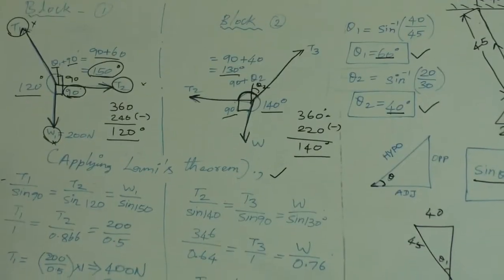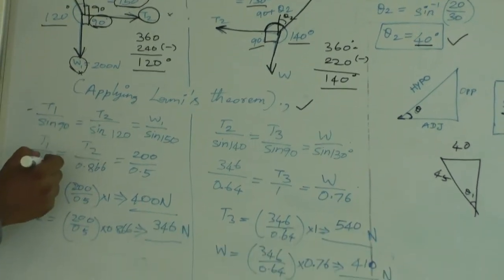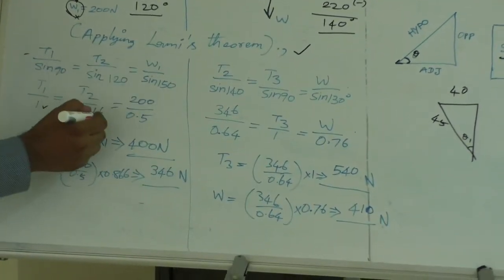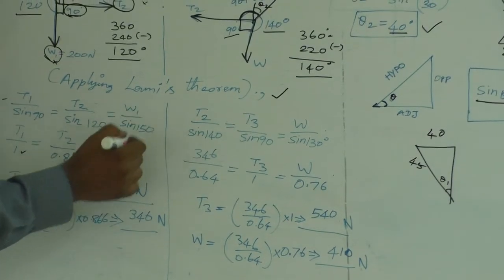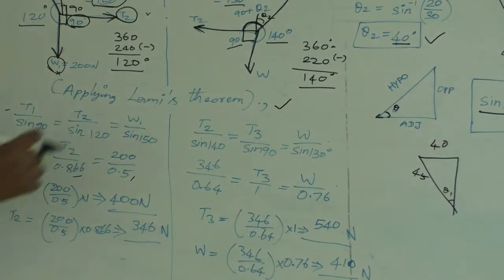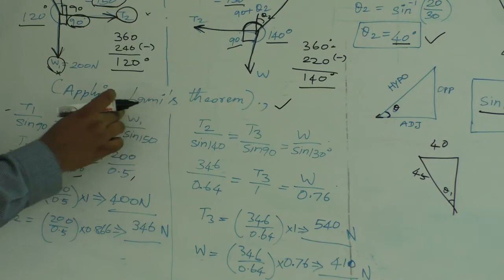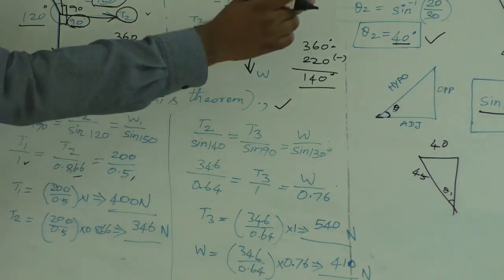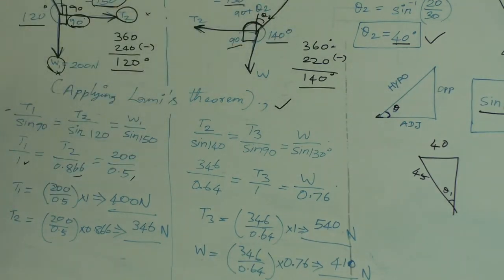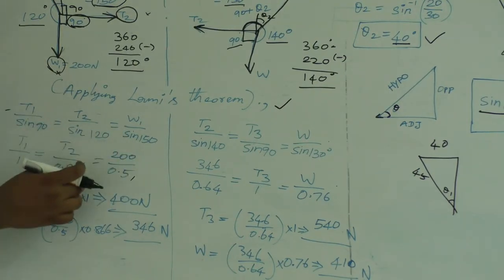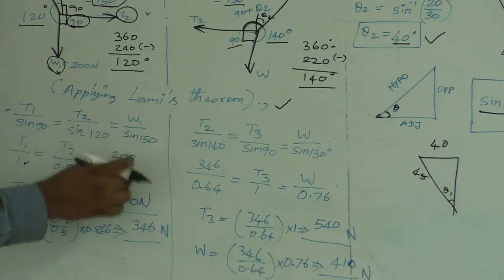So we have to apply the values. The value of sine 90 is nothing but 1. The value of sine 120 is 0.866 and the value of sine 150 is 0.5. Also, the value of W1 is 200 Newton, which has been given in the problem. So applying those, T1 divided by 1, T2 divided by 0.866, 200 divided by 0.5.